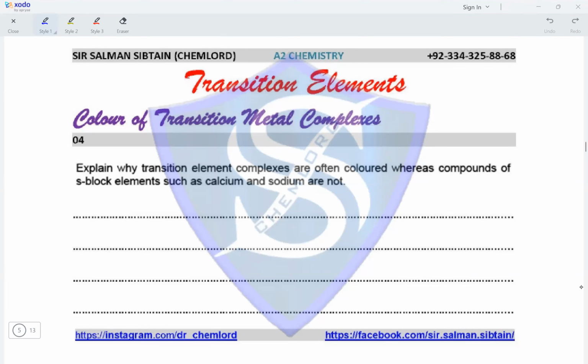Question 4. Explain why transition element complexes are often colored, whereas compounds of S block elements such as calcium and sodium are not.